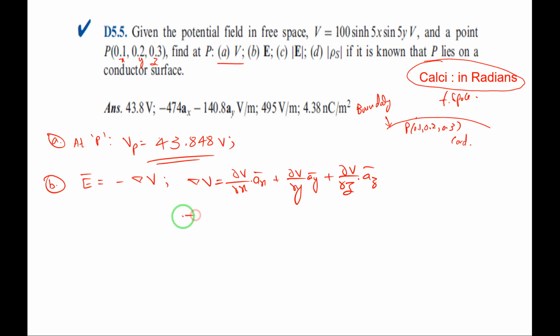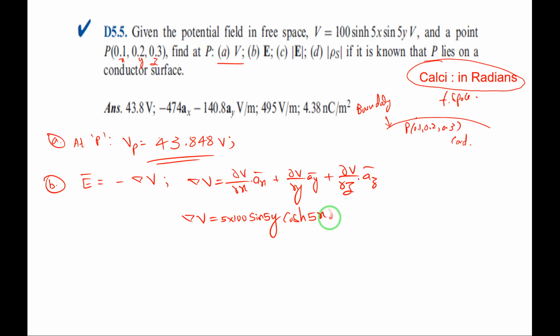We will differentiate with respect to x. With respect to x, 100 sine 5y is constant. Differentiation of sine hyperbolic 5x is cos hyperbolic 5x. Since 5 is there, multiply by 5, I have taken 5 this side.